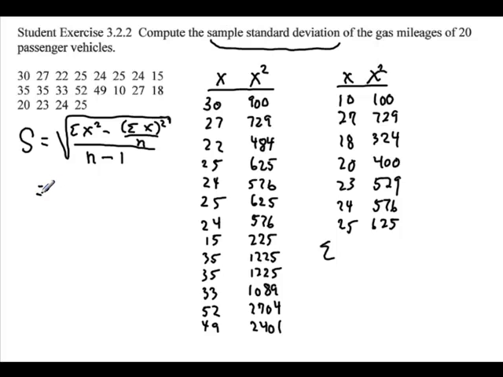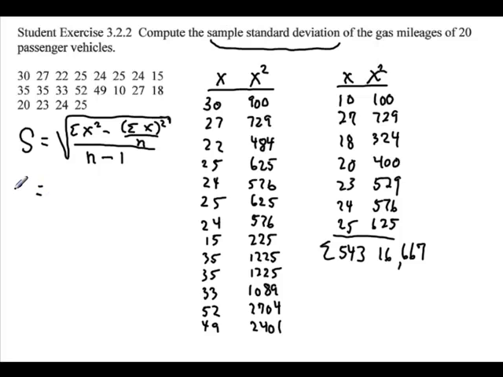You can pause the video if you'd like, and I will add them up as well. I get a sum of x of 543 and a sum of x squared of 16,667.